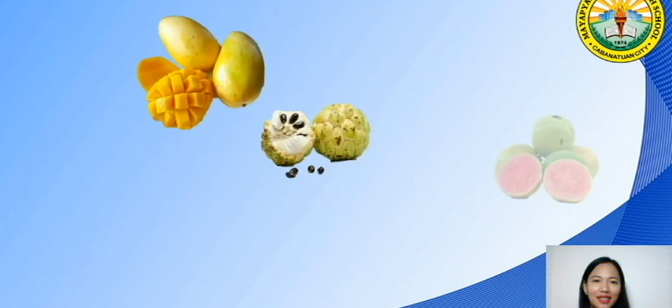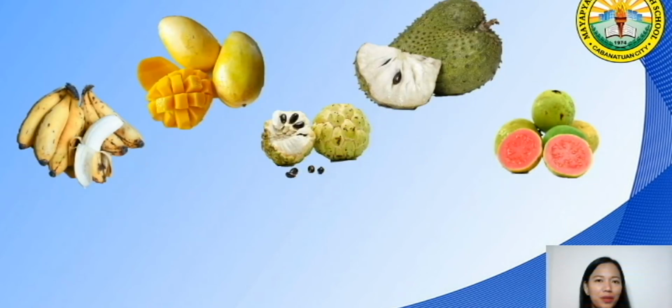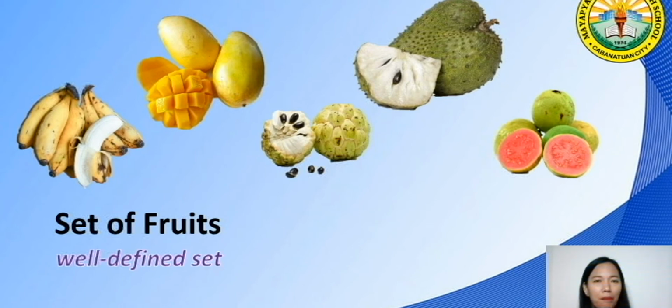In the pictures presented in the warm-up questions, you said that those are all fruits. If we are going to show this to other people, will they also agree that these are all fruits? Yes, definitely. So therefore, if we will name this a set of fruits, it is a well-defined set because everybody will agree that these are all fruits.